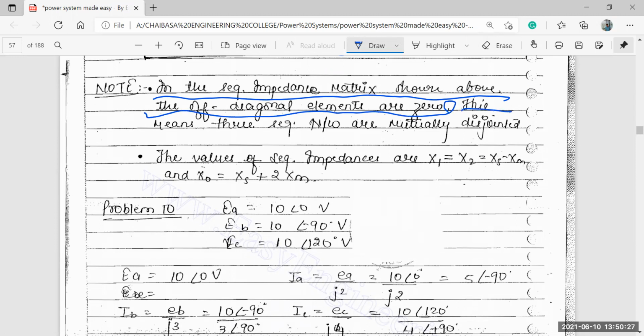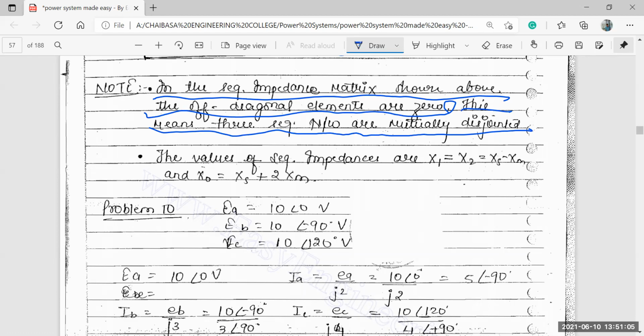This means the three sequence networks are mutually disjoint. As stated earlier, if the non-diagonal elements are non-zero, then the networks are mutually joined, but in this case the off diagonal elements are zero.